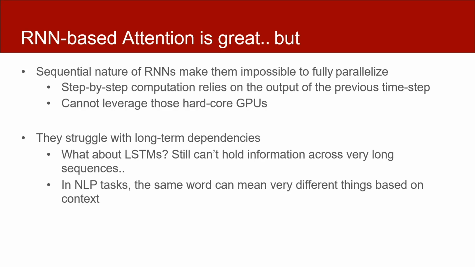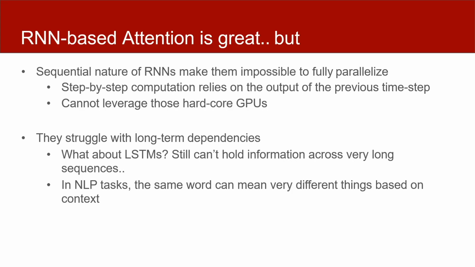So we can see that RNN-based attention is great, but it's impossible to parallelize the RNNs because we have to compute the outputs one at a time. We have to use the previous hidden state to compute the current hidden state.